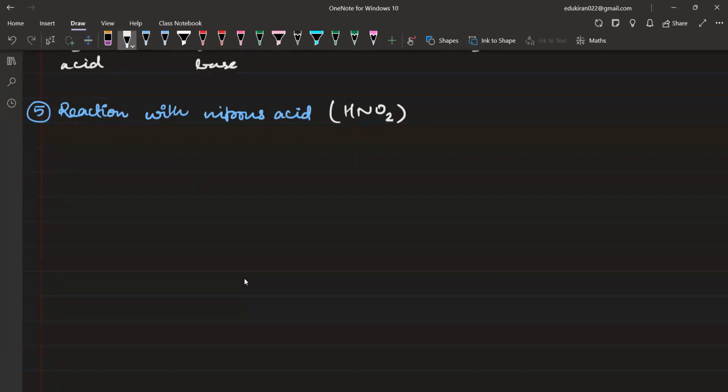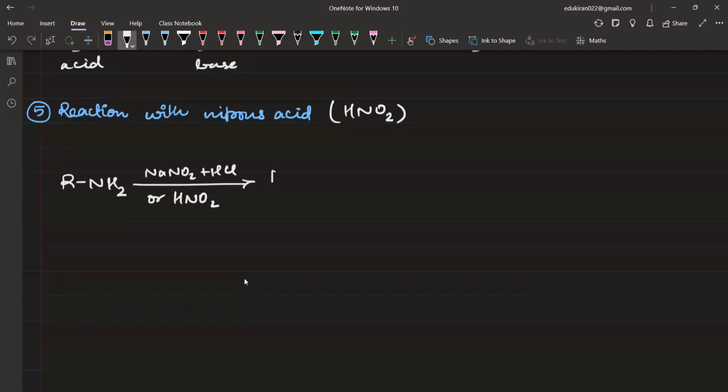I call it ONO because it has the structure of OH bonded to NO. So if you have a 1 degree amine, that is RNH2, and you treat this with NaNO2 plus HCl, which actually gives you the HNO2.